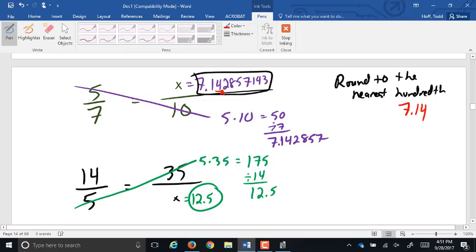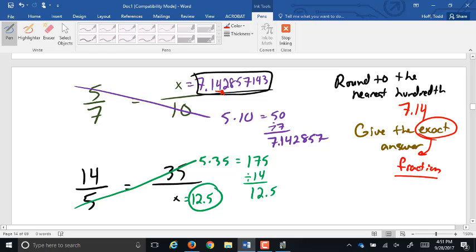But my math lab may also ask you to give the exact answer, or calculate exactly, or find the exact value of x, or whatever. If it says that little word exact, it usually means you're going to have to express it as a fraction.